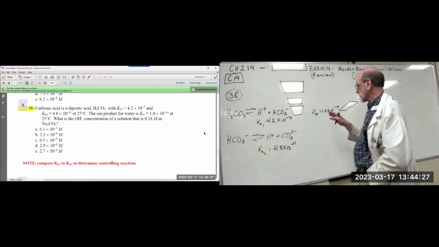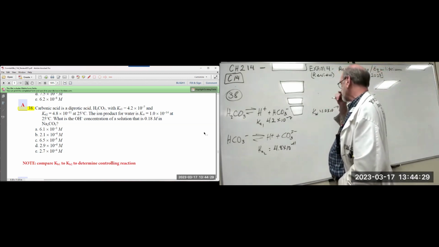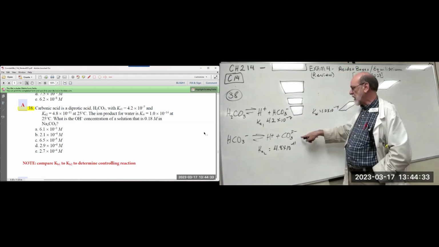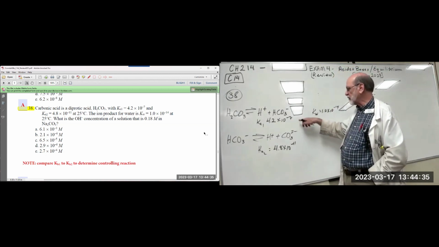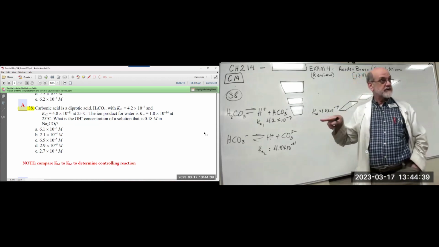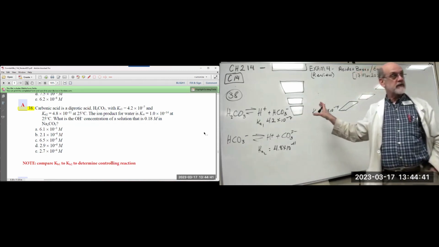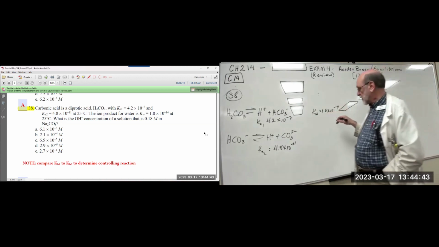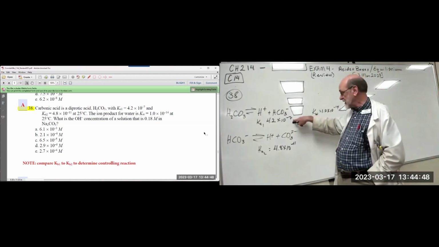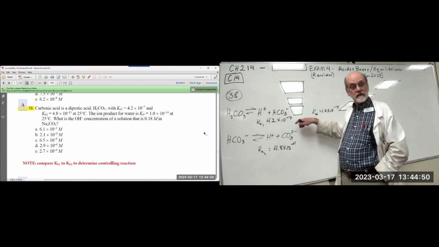Which one of these reactions is going to control? Both of these reactions are more probable because they have a larger K value than the dissociation of water, which will have no influence at all. Since these are 4 orders of magnitude apart, this is the controlling reaction right here.